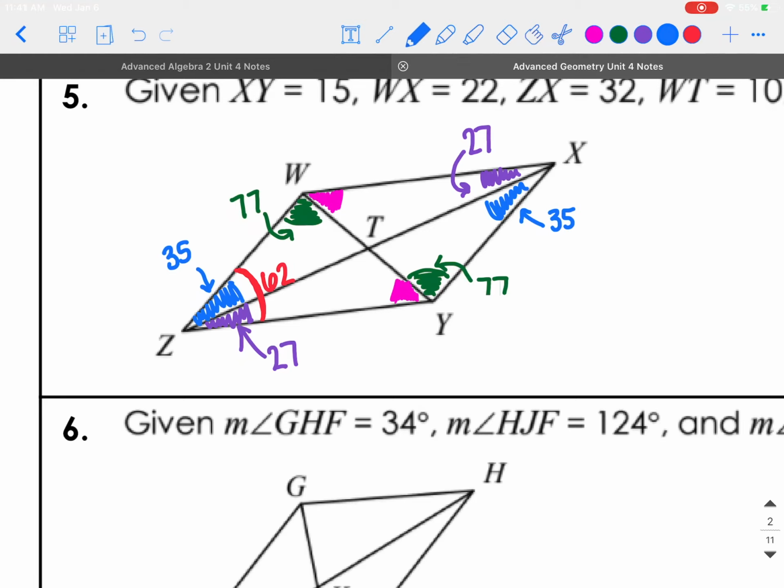Now another thing I know is that this entire angle Y, so angle XYZ, to find that I have to do 180 minus 62, because remember, those two consecutive angles add up to be 180. So 180 minus 62 is 118. So together, the green and the pink is 118 degrees.